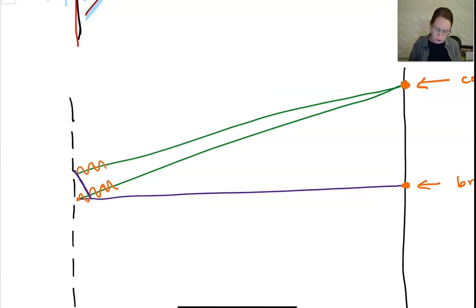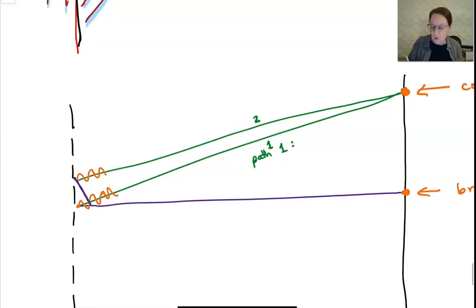And the difference between these two paths, so path 1 and path 2, is that on path 1, the light travels one extra wavelength, this extra distance right here. That distance is a wavelength. Okay? So path 1 has to travel one wavelength further than path 2.